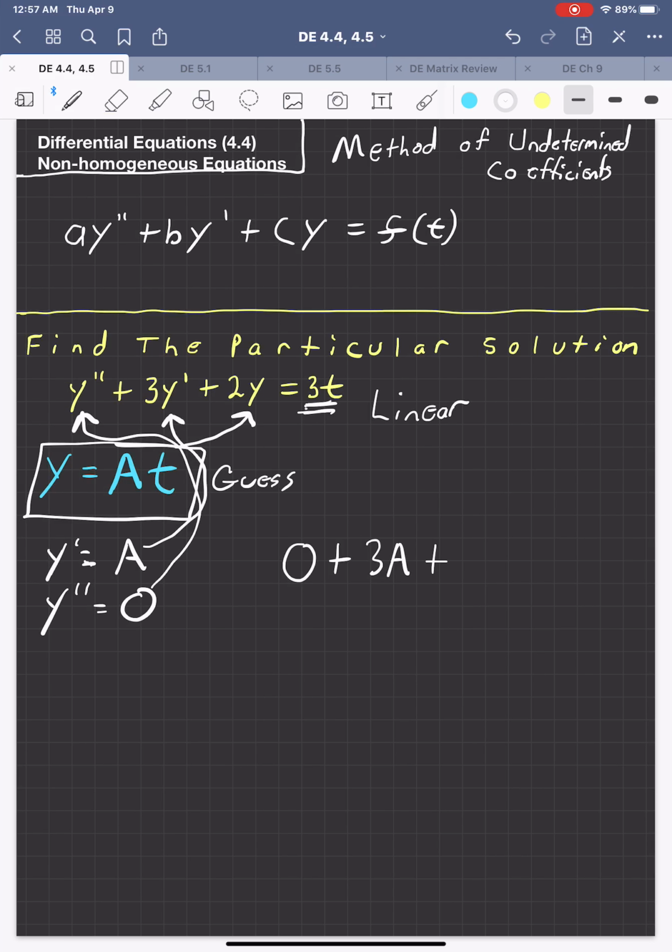Now, that is what the left side would look like. We don't know what a is, but somehow we should get 3t from that. Now, all I'm going to do is just write the original problem above, that way you see, for your notes, exactly what was plugged in where.